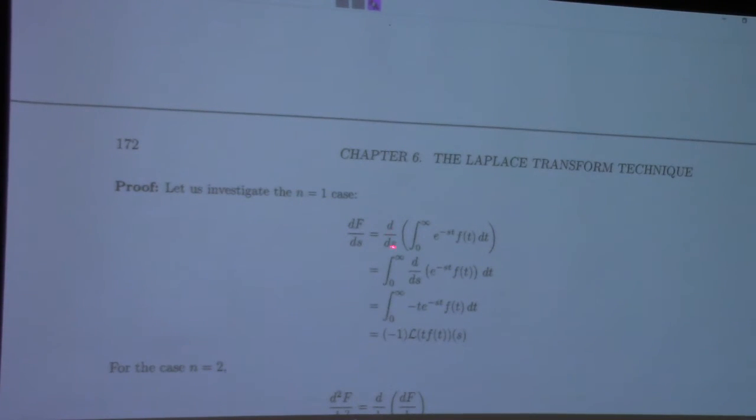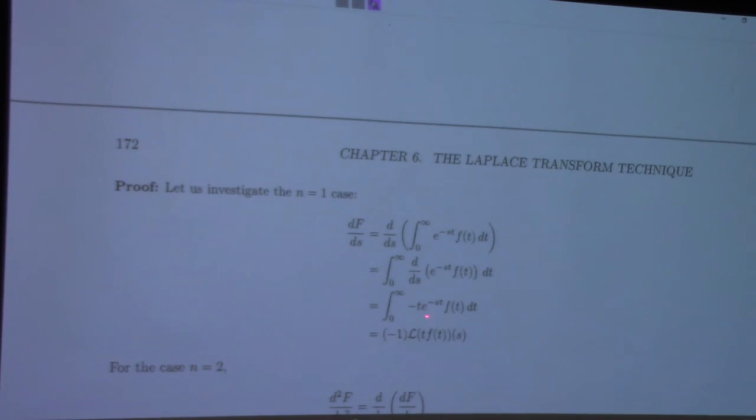Assuming that the derivative in s and the integration in t can be flipped, which is some analysis, okay? There's actually something to prove there, but not in this course. So yay, we move it inside. Then if you differentiate this with respect to the frequency variable s, well, t is just a constant with respect to s, so that just pulls down a minus t from the chain rule.